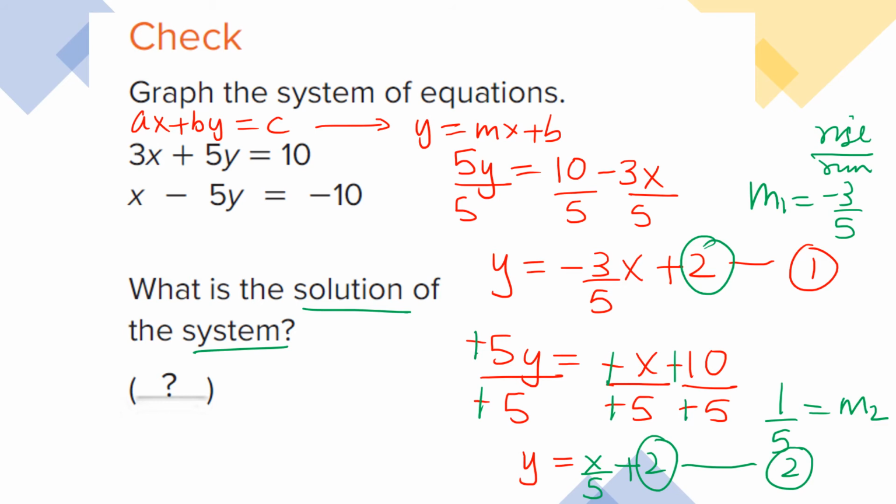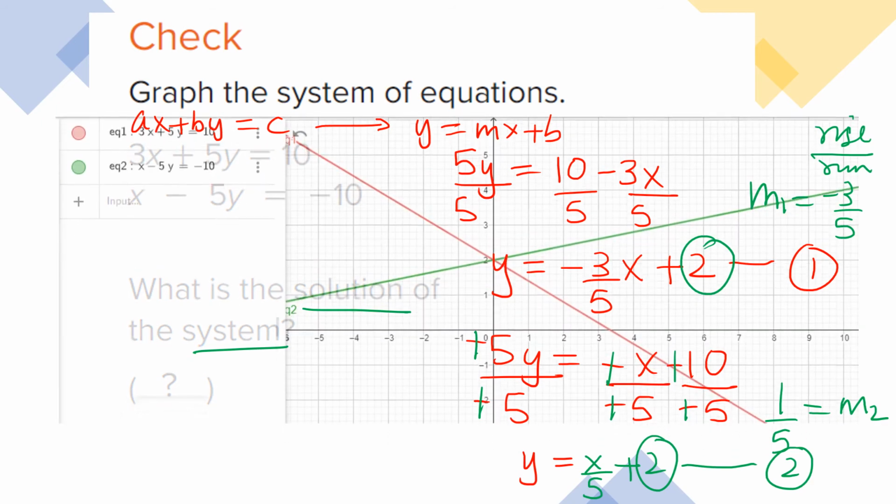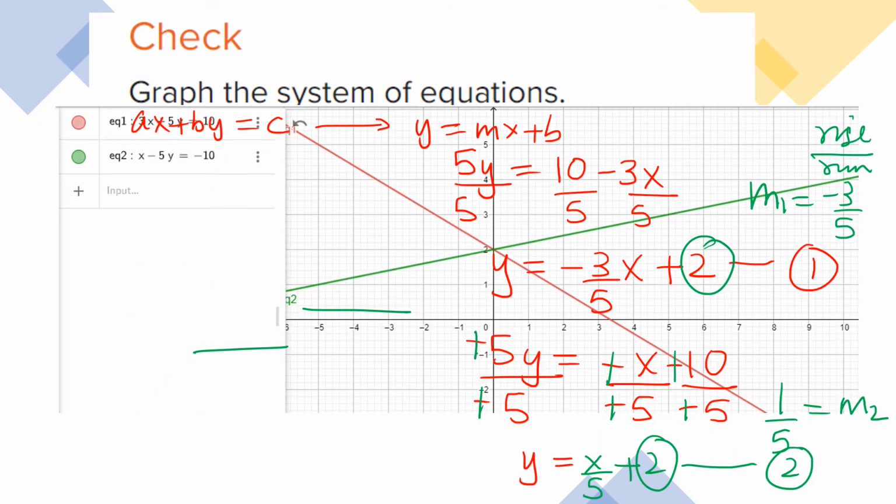So let's draw the graph on Desmos and see the solution. When you draw the graph, it is meeting at the point because y was common here, so it is meeting at this point. So it will have one solution where y is 2.